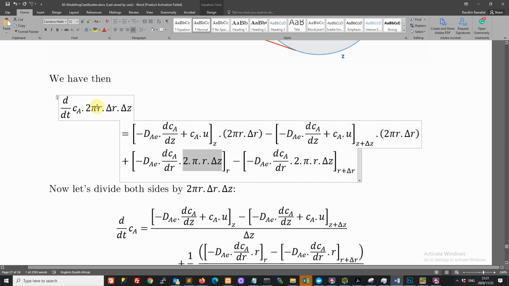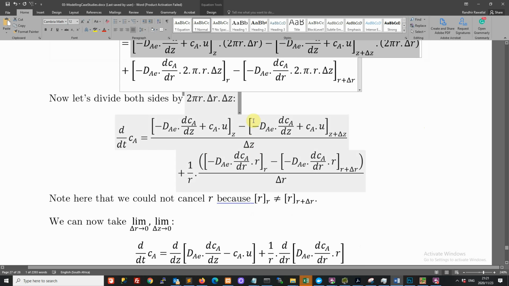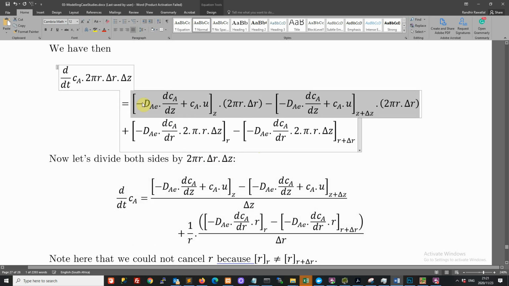And then let's go ahead and divide both sides by 2 pi r delta z. Clearly the left-hand side simply cancels. For the first two terms, as we said, the 2 pi r delta r can cancel nicely, and so this function will simply be divided by delta z. It's the same function in each case, evaluated at z and evaluated at z plus delta z.